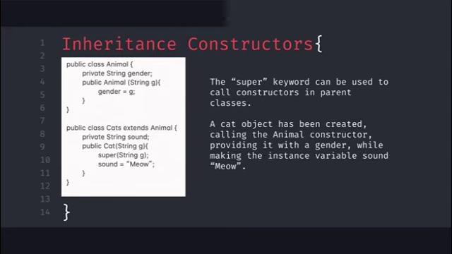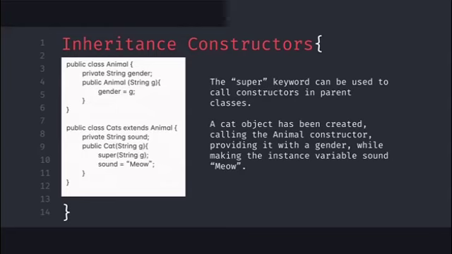A cat object has been created by calling the Animal constructor, providing it with a gender while making the instance variable sound meow. So in this case, the Animal class will have the private variable string gender, and its constructor contains only one parameter, string g, gender.